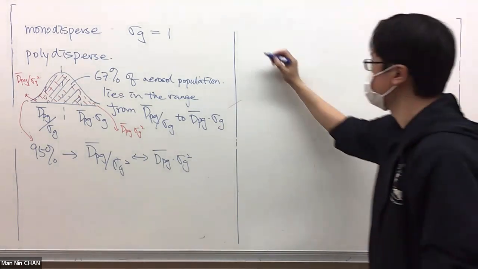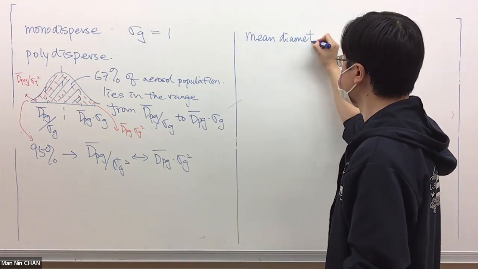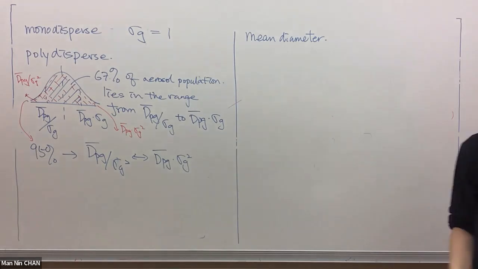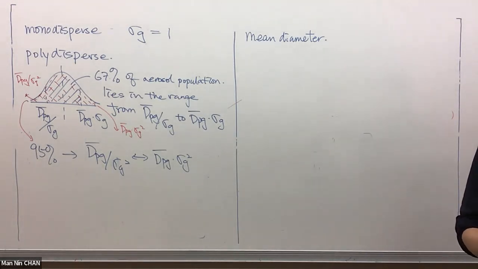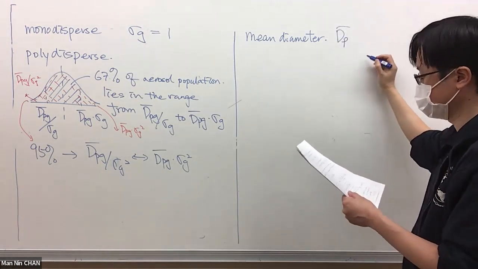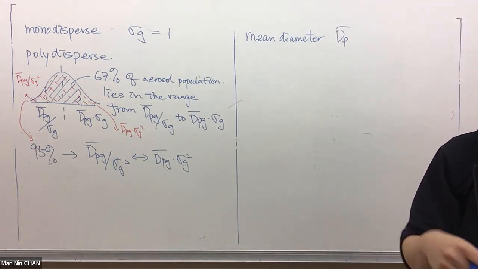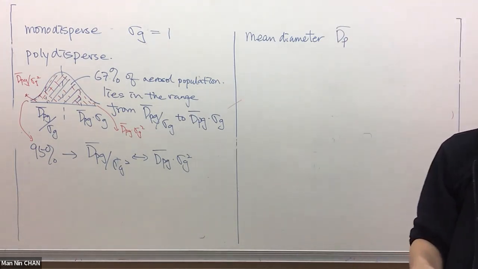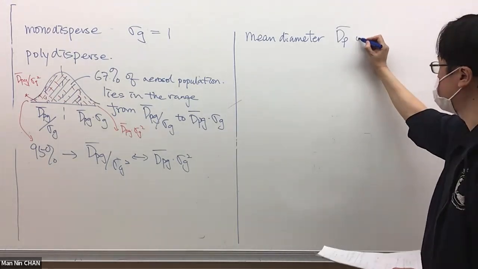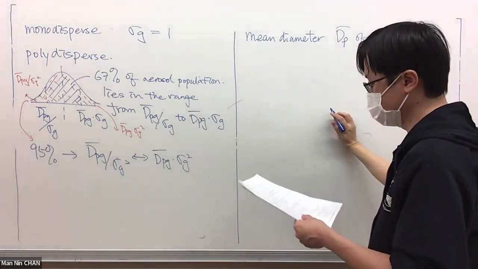Remember, this is the mean diameter, it's not the dpg bar. So this is the mean diameter, dp. Let's say your aerosol population is also log normally distributed. Now you're looking at a mean diameter.